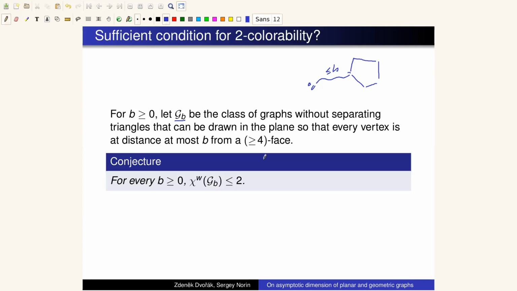We can't prove this, even for the class G0, which are planar graphs where every vertex is incident with some long face, but there can be some additional triangular faces.